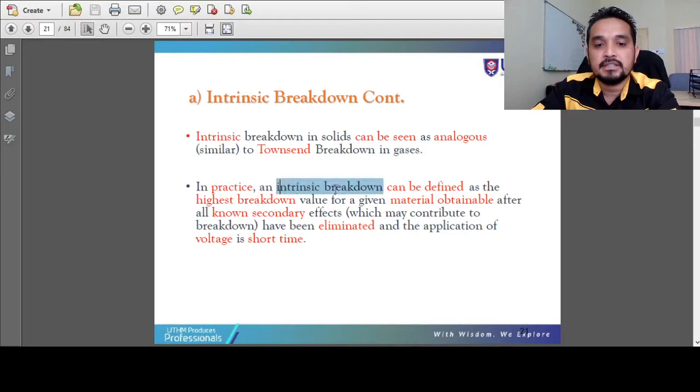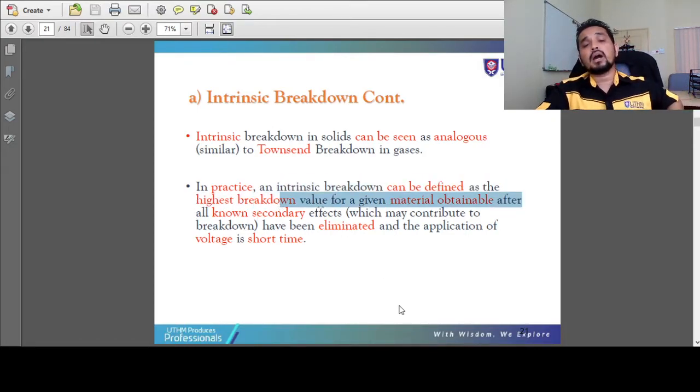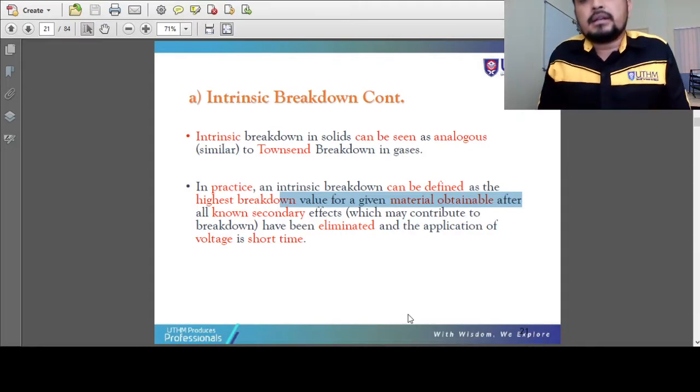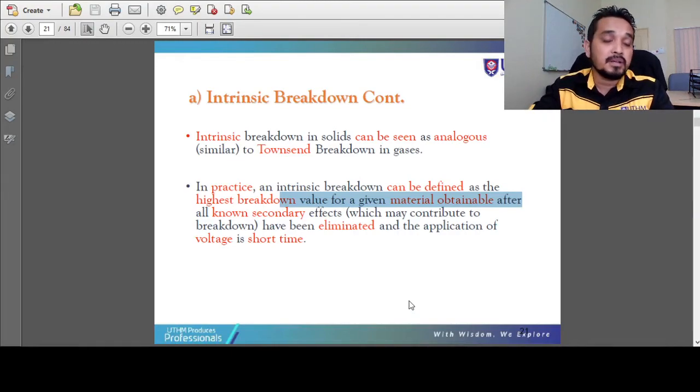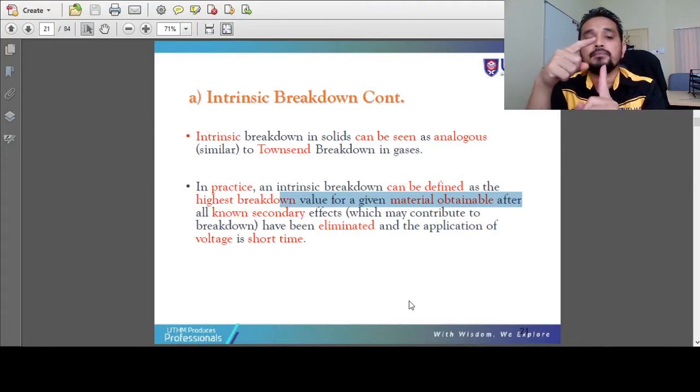In practice, the intrinsic breakdown can be defined as the highest breakdown value. Why highest? Tell me why. We classify it as the highest breakdown value because the material in this condition is pure.